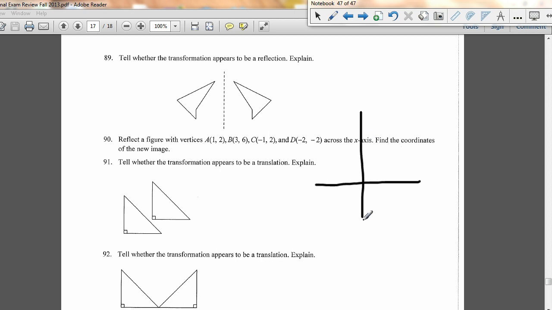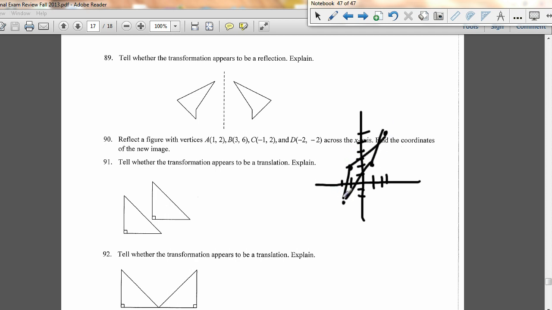Okay, I messed up, so I started over. So 1 comma 2 right there. 3 comma 6, which would be right here. Negative 1 comma 2 and negative 2 comma negative 2, which is down here. Okay, it's a lot of points, but I'm going to say the picture probably looks something like this.